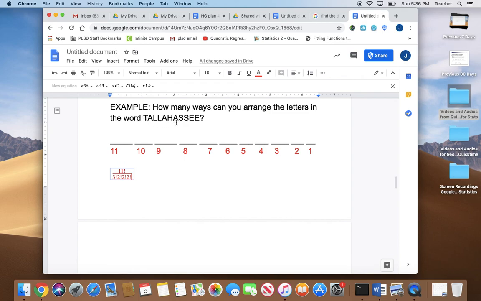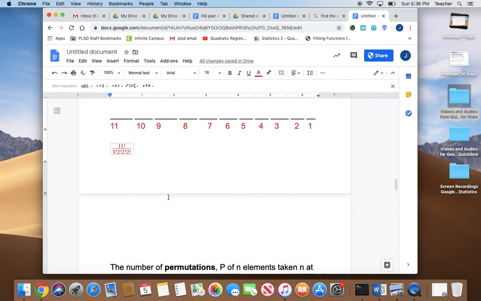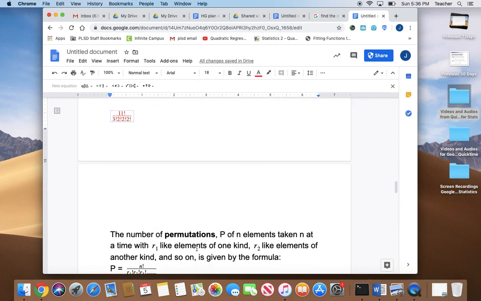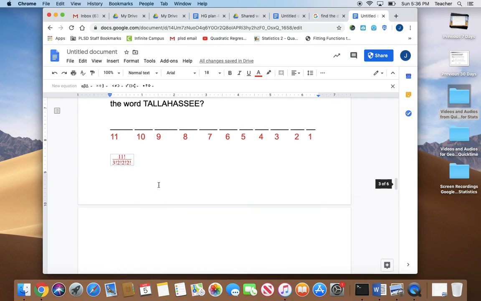Well, I only have 1 T and 1 H. So I could technically put 1 factorial for my T and 1 factorial for my H, but 1 factorial is just 1, so I don't have to put the 1 factorials there. But to solve a problem, if I have elements that are repeated, or I have R1 like elements of one kind, R2 like elements of another kind, you have to divide out some of those permutations.